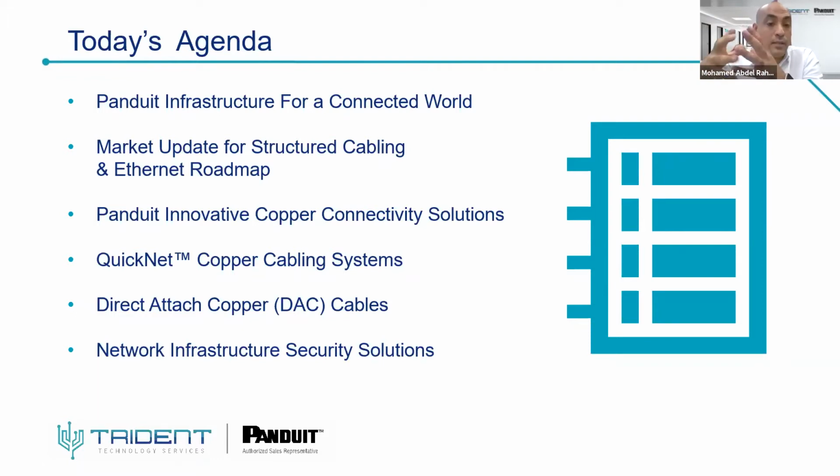Also the DAC cables, the direct attached copper solutions, we will talk about the different solutions that Panduit can offer. Finally, we will finish up with the network infrastructure security solutions. We planned a series of sessions. Starting today, we will discuss the copper connectivity solutions. Next week, we will go through the fiber solutions and the innovations from Panduit in the fiber area.